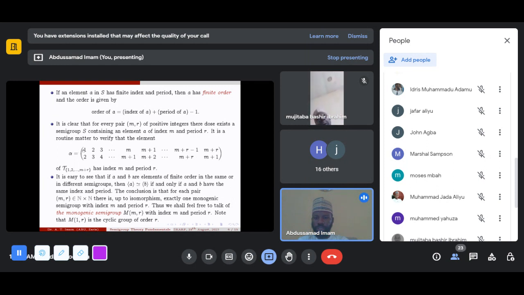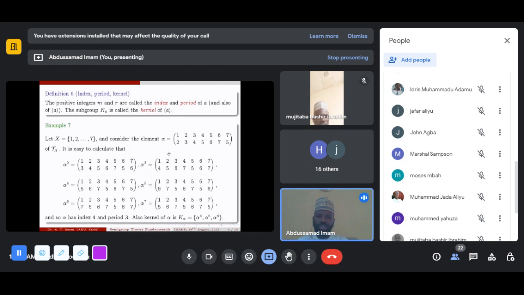And this mapping is just nicely constructed: 1 to 2, 2 to 3, 3 to 4, and then 4 to 5, M to M plus 1, M plus 1 to M plus 2, like that, up to M plus R minus 1 to M plus R. And then M plus R is mapped to M plus 1. Instead of mapping to M plus R plus 1, it is mapped back to M plus 1. In fact, it is the construction that we did here. It is the same type of element.